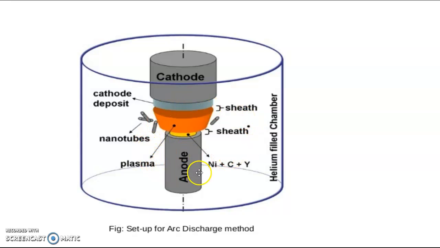This apparatus is placed inside a chamber which is filled with helium, an inert gas, so there will be no influence of oxygen or other atmospheric gases. There will be a production of arc in between the two electrodes. From that arc there will be a production of nanotubes. So this is the apparatus setup for the arc discharge method.